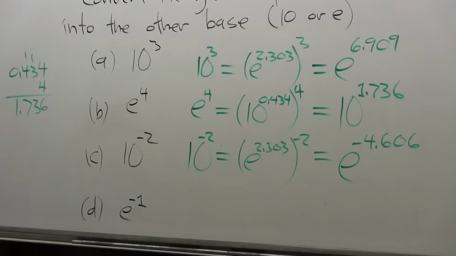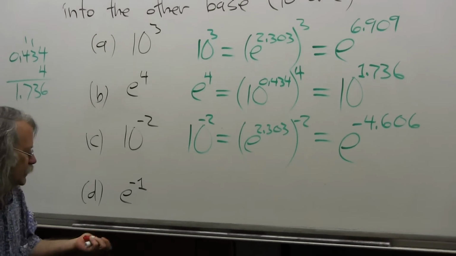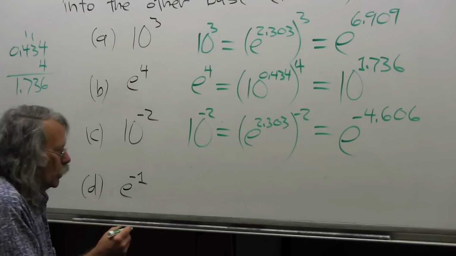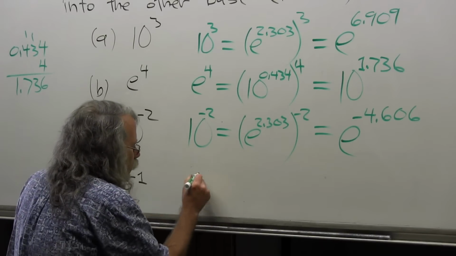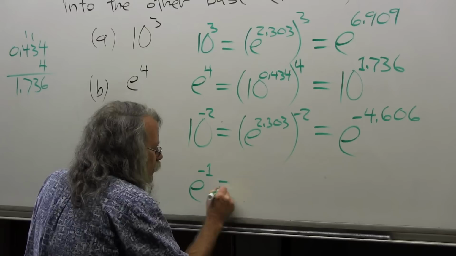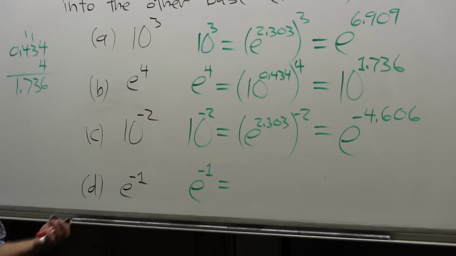And now the last one is going to be the one with the most difficult multiplication in it, and that is e to the minus 1. So I start out with that expression again. It's just a negative number, which doesn't complicate things at all. The same rules of multiplication apply.